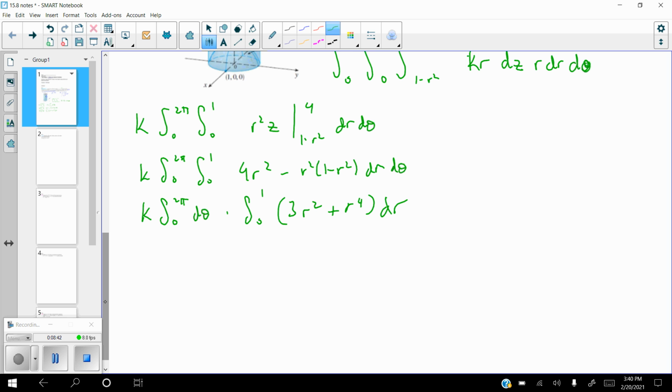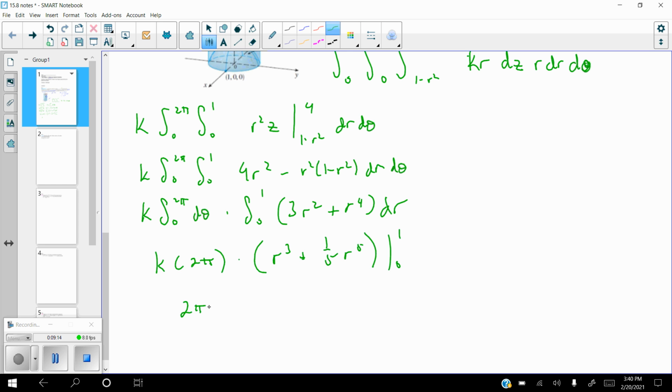Okay, so we're going to get, let's see, antiderivative of k integral 0 to 2 pi d theta is just going to be theta from 0 to 2 pi. That's always going to give you 2 pi. So it's going to be k times 2 pi. And then let's see, we've got the antiderivative of 3r squared is going to be r cubed plus 1/5 r to the 5th from 0 to 1.